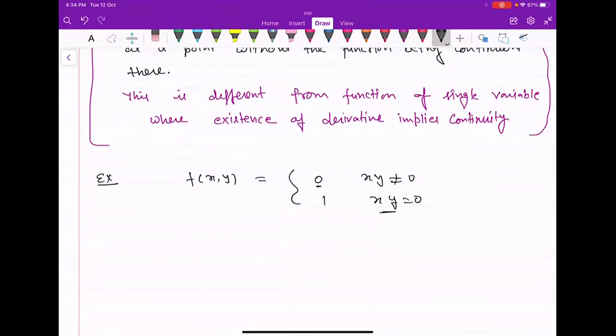So what we have to do here: check whether the function is continuous or not.